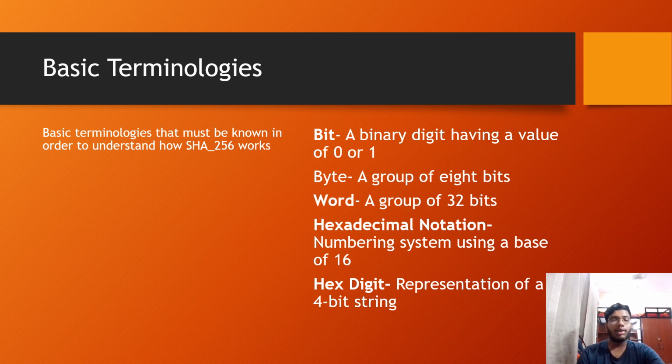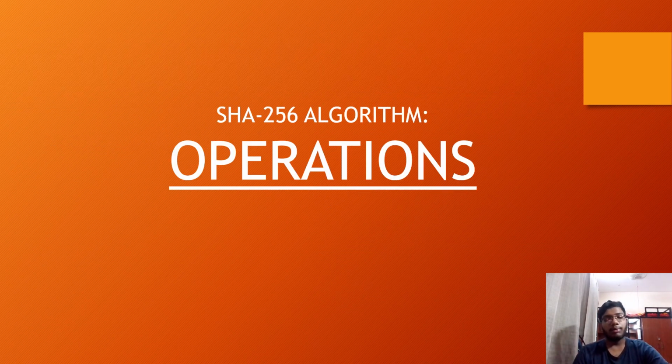Number 3, a word is a group of 32 bits or 4 bytes, since 32 divided by 8 is equal to 4. Number 4, hexadecimal notation is a number system of base 16. Finally, a hex digit is a representation of a 4-bit string.